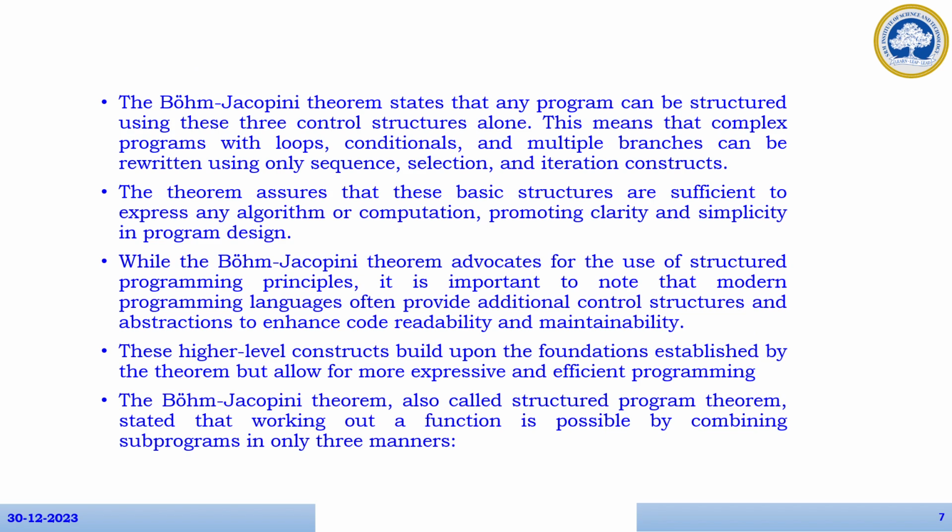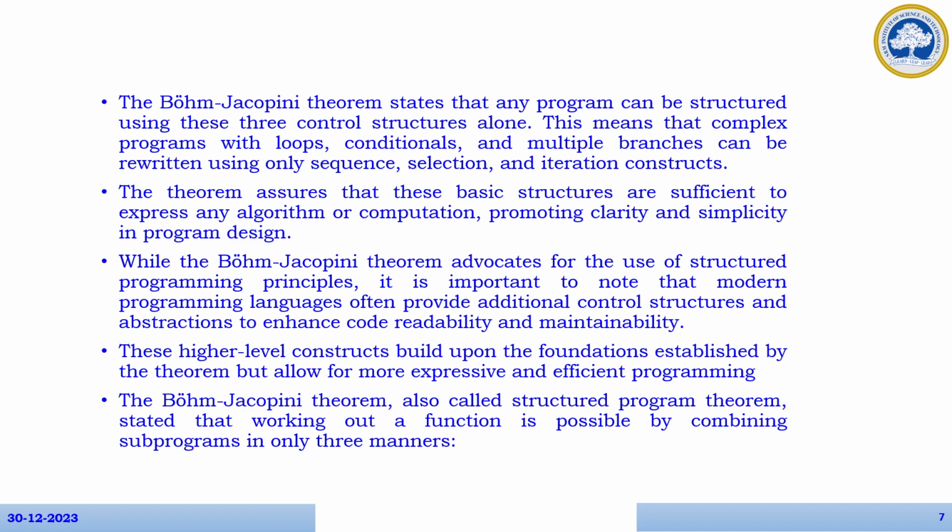It states that any program can be structured using these three control structures alone. This means that complex programs with loops, conditionals, and multiple branches can be rewritten using only sequence, selection, and iteration constructs. The theorem assures that these basic structures are sufficient to express any algorithm or computation, promoting clarity and simplicity in programming design.